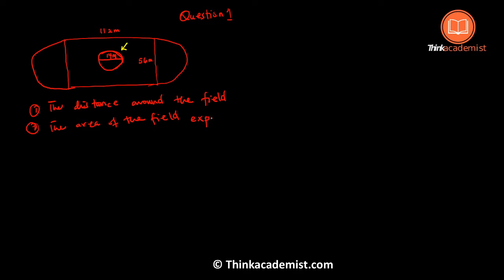So excluding that pond, we should find the total area. So what it basically means is that when we are doing our area calculation, we will not have to include the pond. But in this case, the pond is part of the whole thing.